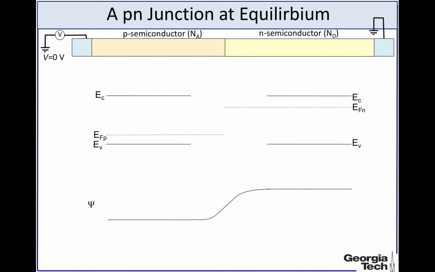So now let's look at how the electrostatic potential is related to the energy band diagram of the PN junction. What we have said is that this gap between EFN and EFP is equal to qVBI, and this is the energy band diagram before the contact between the N and the P type semiconductor is made, and this is the electrostatic potential profile.